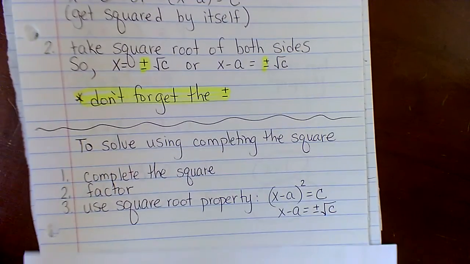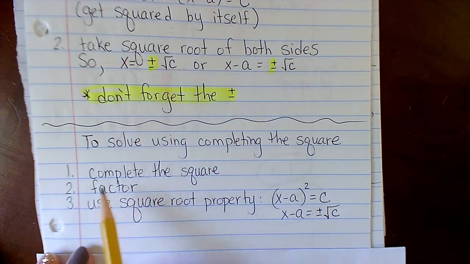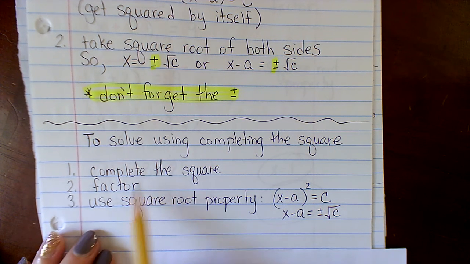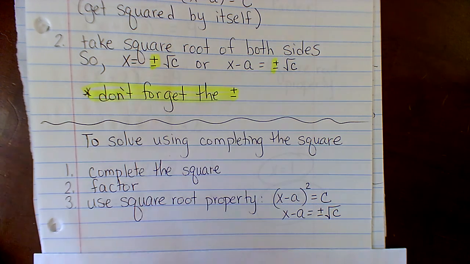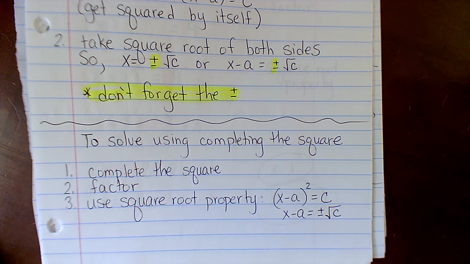To solve by completing the square, we're going to complete the square, factor it, which is what we just did in the previous examples. I showed you how to complete the square and then how to factor that, by using the same sign as what's in the problem and then the half of the middle term business. Then we're going to utilize the square root property to finish solving it.